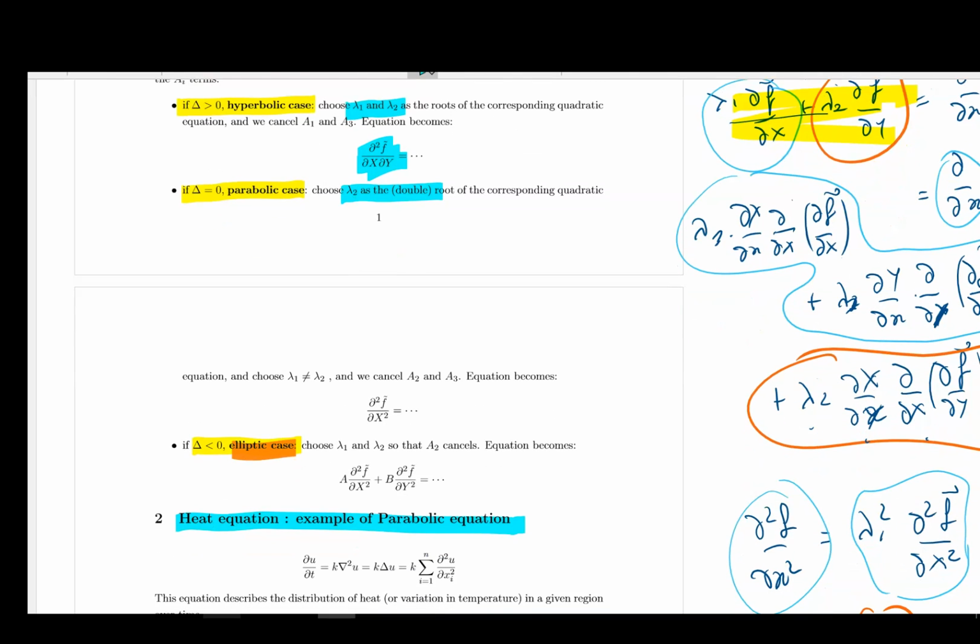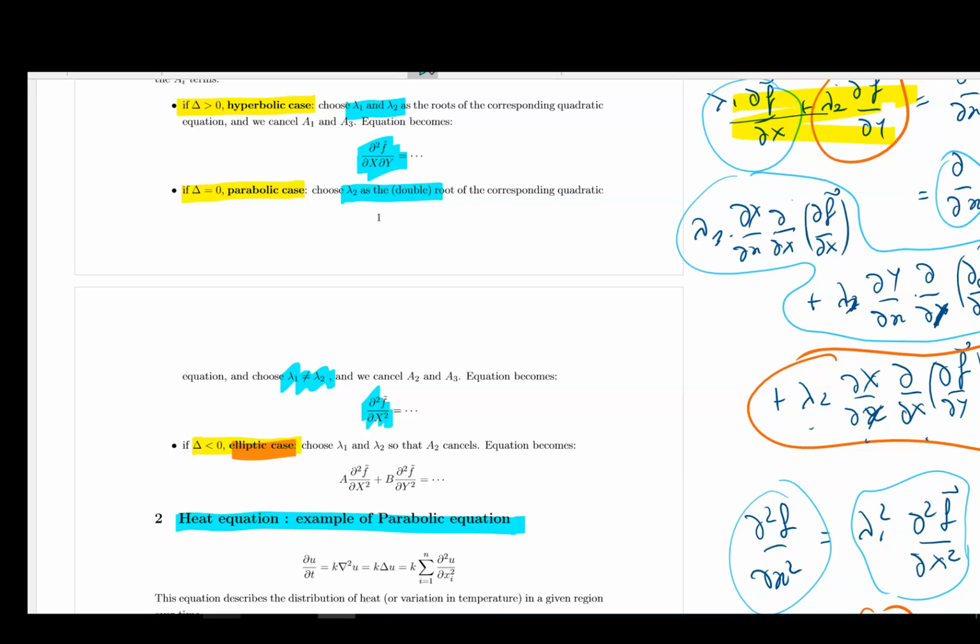We will choose lambda 2 to be equal to that double root, and lambda 1 to be different from 0, and you will see from the formula of the double root that you can cancel A2 and A3. So again, you will get a simpler equation like this one, involving only one term.